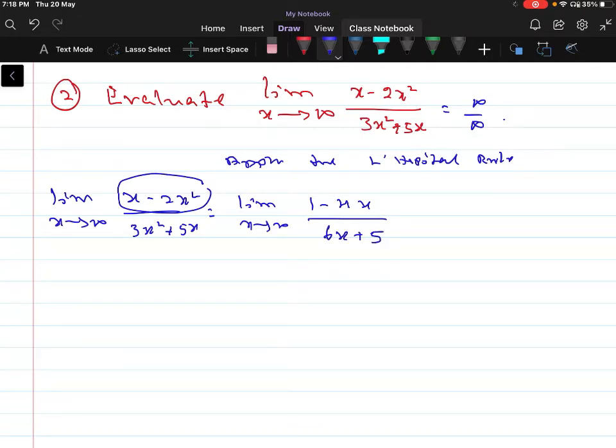Once again apply the L'Hospital rule because it is infinity by infinity form. So limit as x tends to infinity, differentiation of numerator is minus 4 by differentiation of denominator, that is 6. So minus 2 by 3. Minus 2 by 3 is the limit.